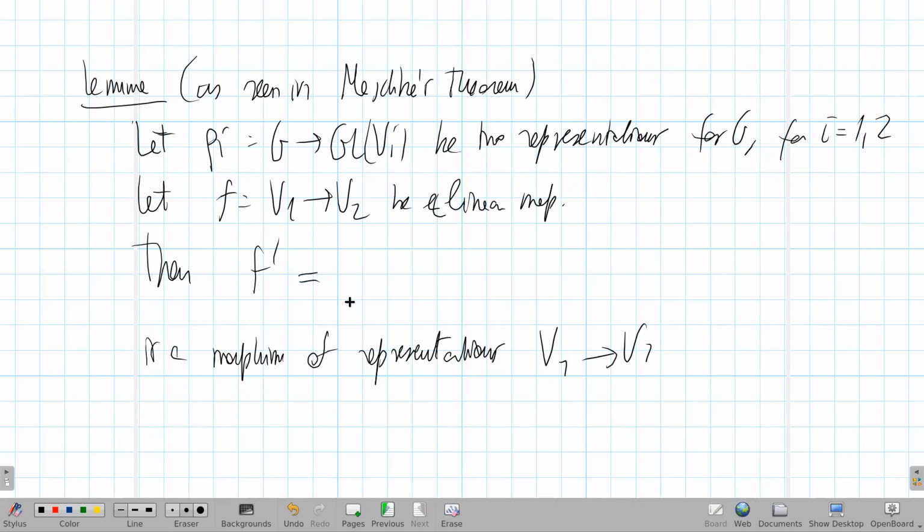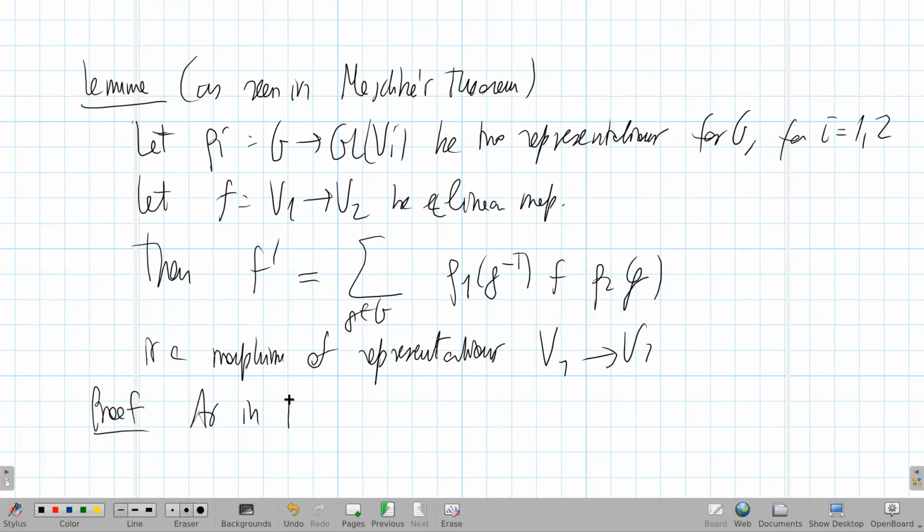You don't need to average here, because in Maschke's theorem you do an average since you want to end up with an idempotent, a map psi such that psi squared equals psi. But in this case, you simply sum over G, rho 1 of G inverse F rho 2 of G. And this is a morphism of representations. The proof is exactly the same as in Maschke's theorem, as I said above.